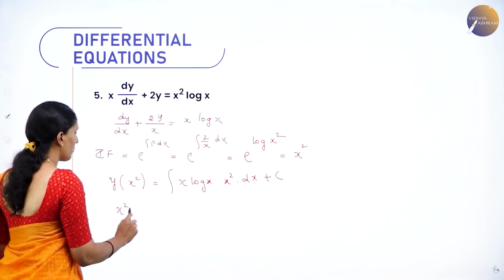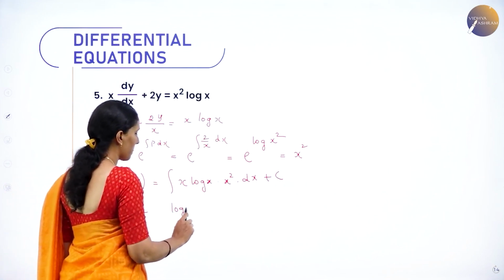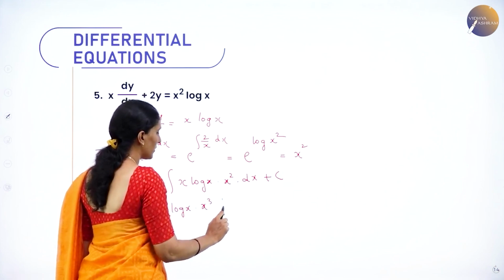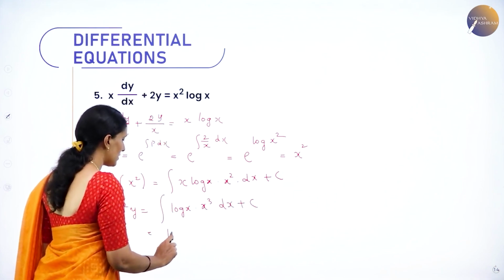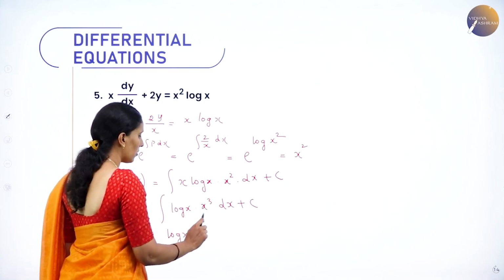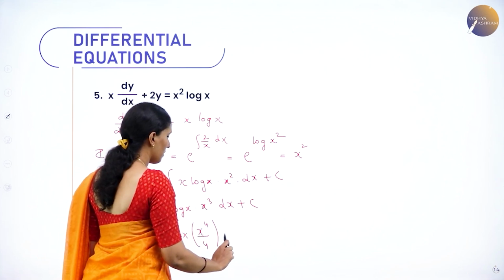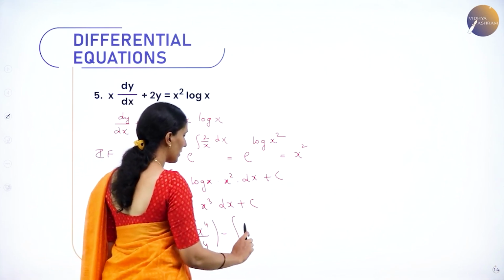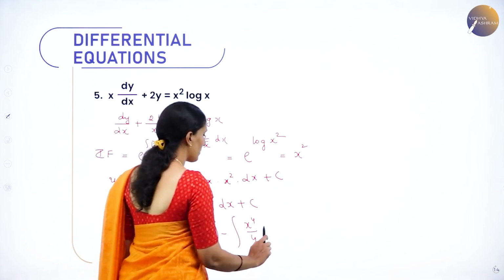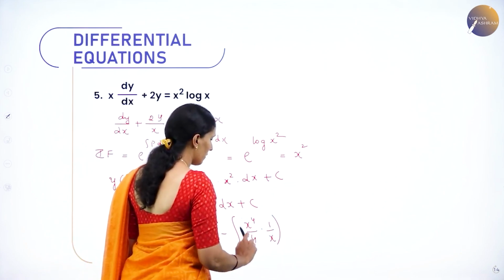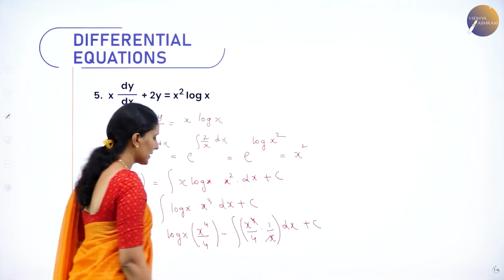Now x square y is equal to integral of log x into x cube with respect to dx plus c. Now integrate it. First function log x, integral of x cube becomes x to the power 4 by 4, minus integral of x to the power 4 by 4 times the derivative of log x, which is 1 by x, with respect to dx plus c. Here again x cancels.